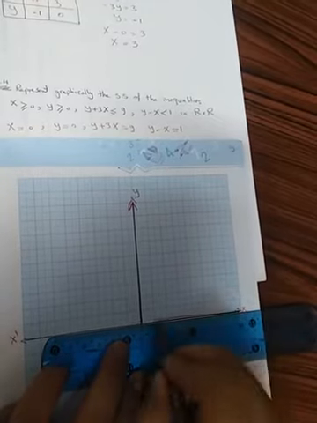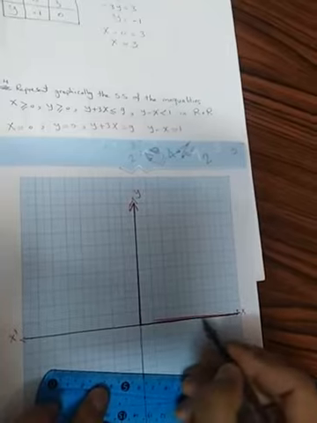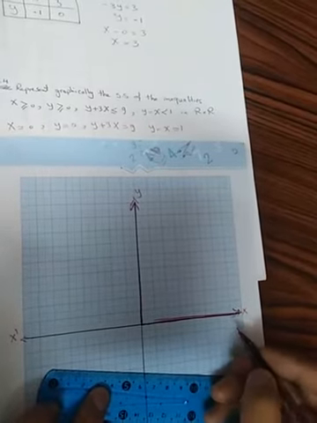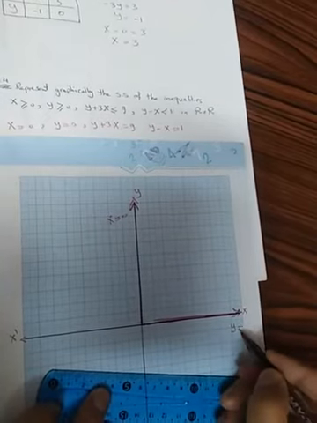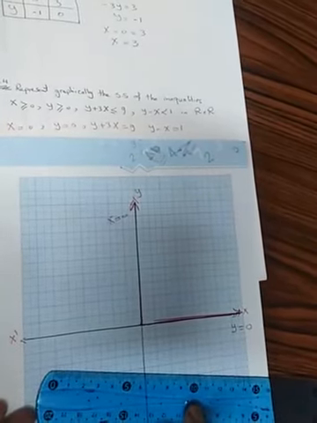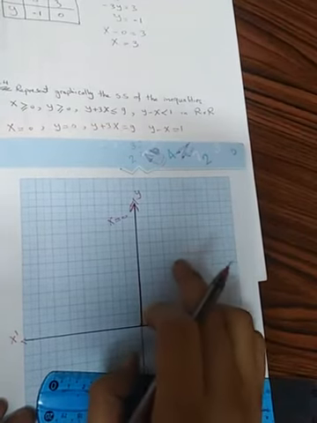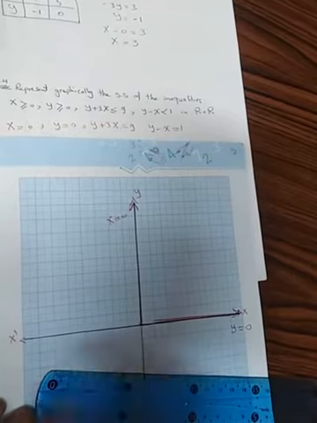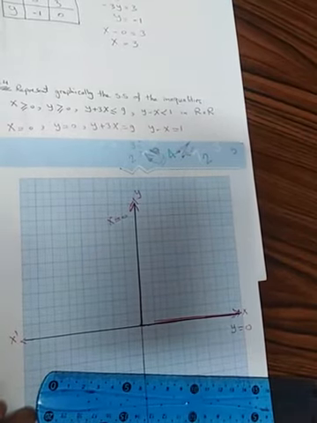As you see, this was x equals 0. This is y equals 0 from 0. Okay, that means our area will be in the first quadrant. Yes, it will be in the first quadrant.